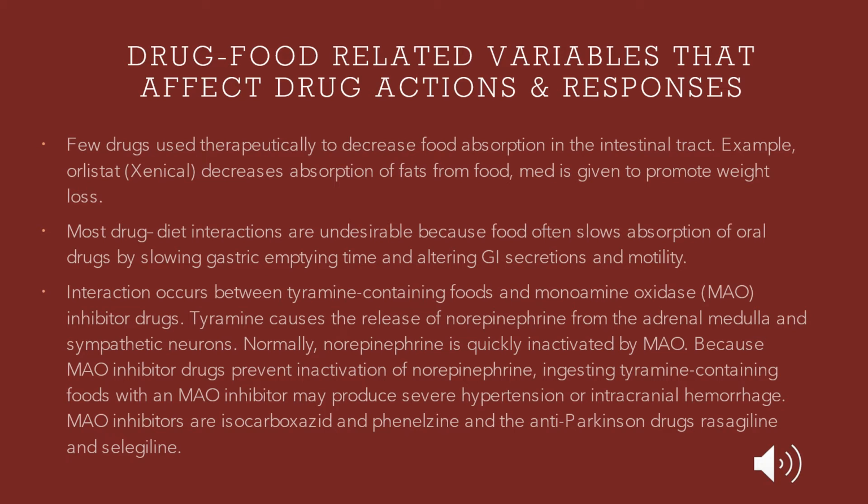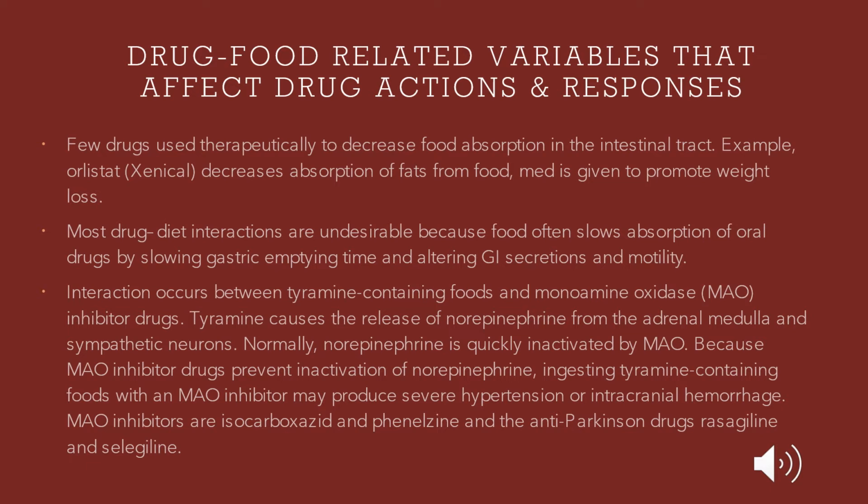However, most drug-diet interactions are undesirable because food often slows absorption of oral drugs by slowing gastric emptying time and altering GI secretions and motility. Some foods contain certain substances that react with certain drugs.